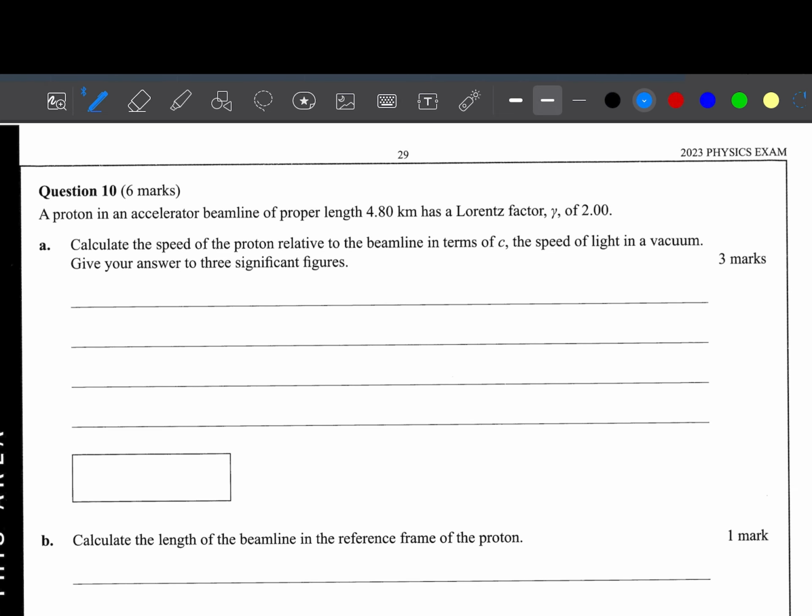Moving on, a proton in an accelerator beamline of proper length 4.8 kilometer has a Lorentz factor of 2. Calculate the speed of proton relative to the beamline in terms of c, so speed of light, in a vacuum. Give your answer to 3 significant figures. So v equals to c times the square root of 1 minus 1 on Lorentz factor squared.